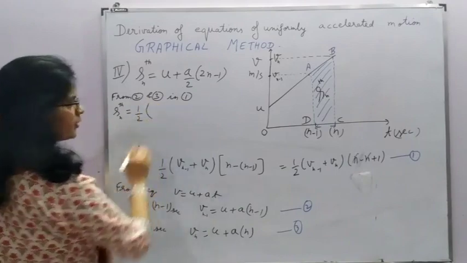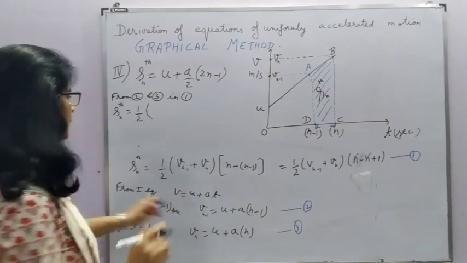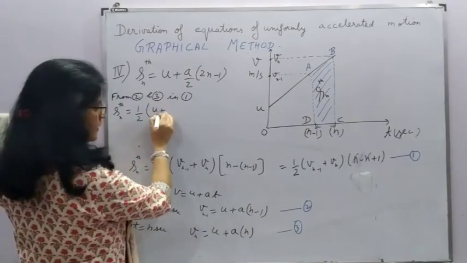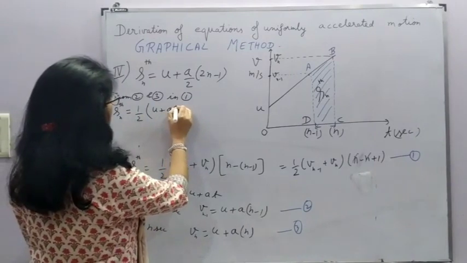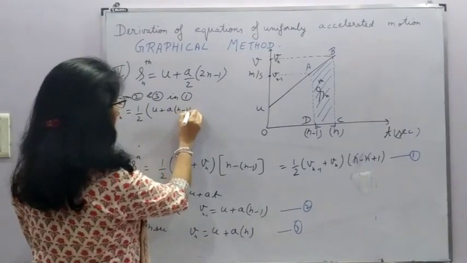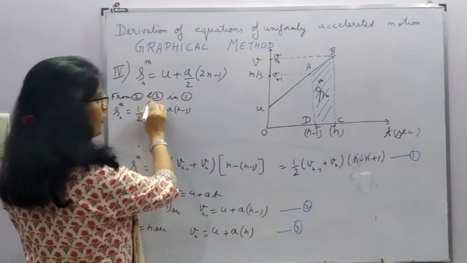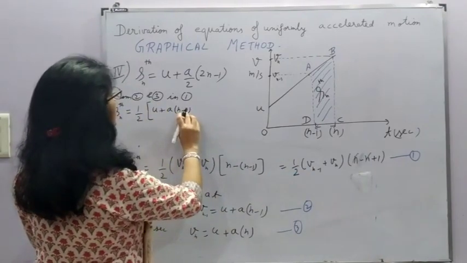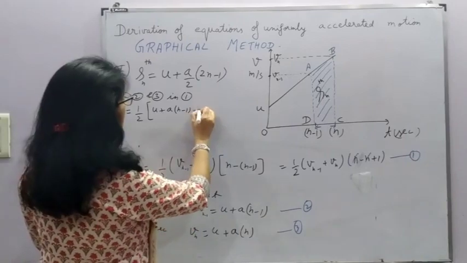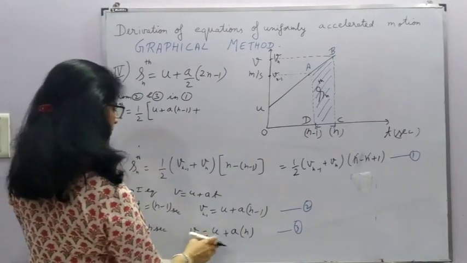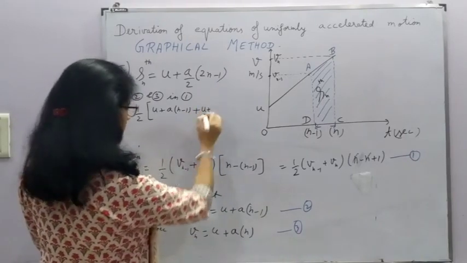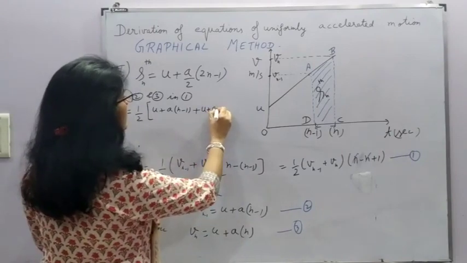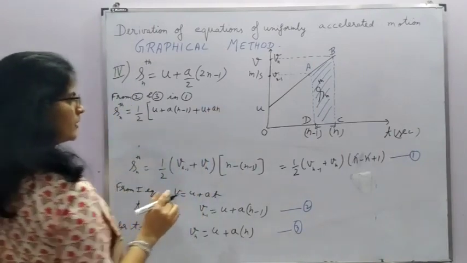We are putting the value of Vn minus 1 from 2, so this is U plus A into n minus 1. This value we have replaced for Vn minus 1, and then for Vn, this is U plus A n, right?